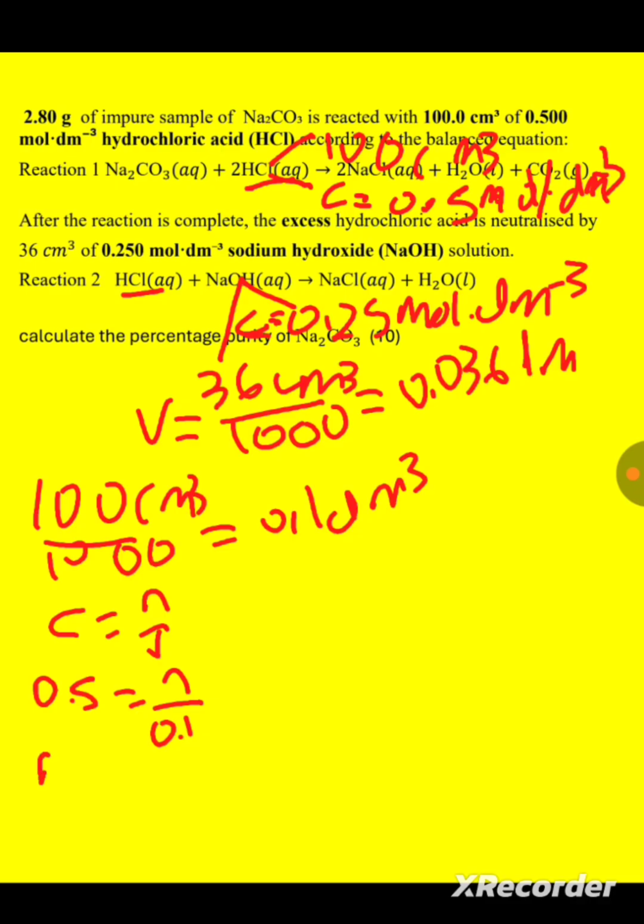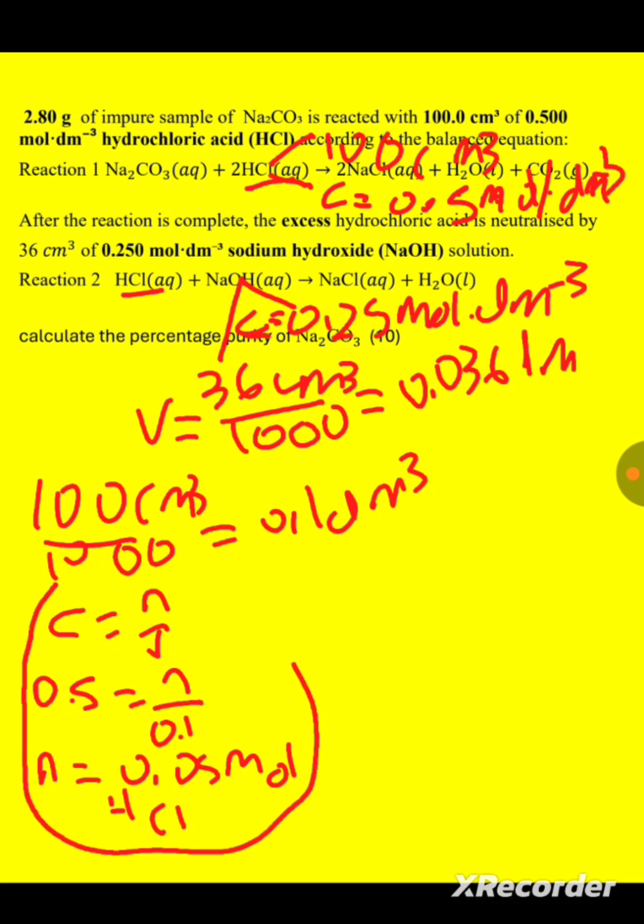Then the number of moles is equal to 0.05 mole of HCl. This is from reaction 1. Okay?